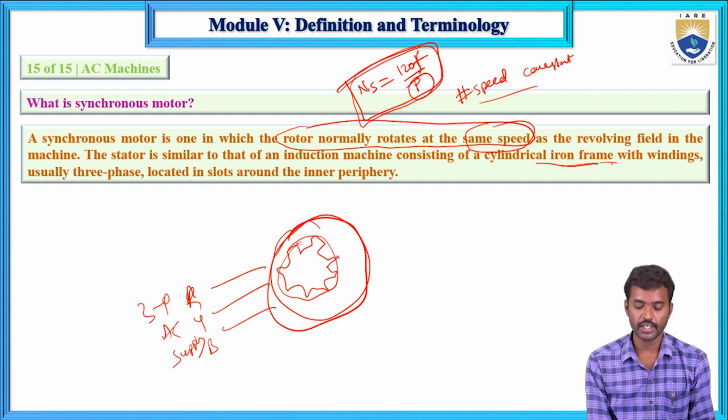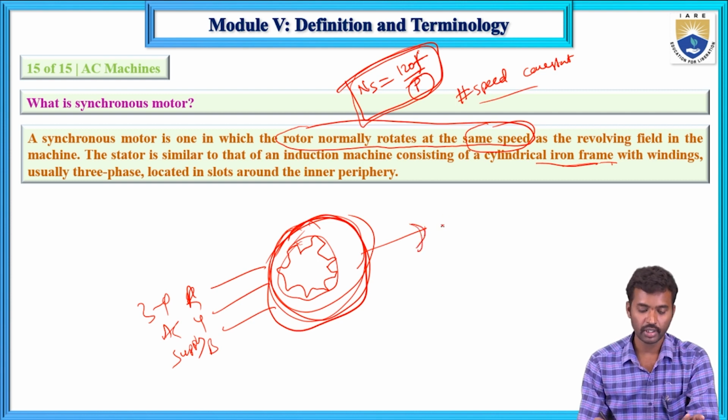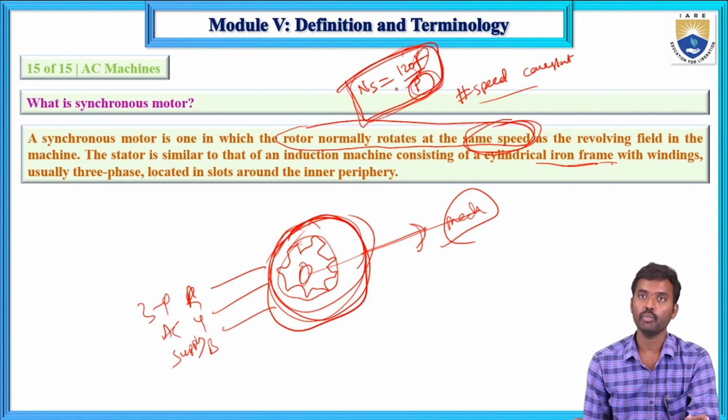If you give three-phase AC supply, R, Y, B, to this machine, a rotating magnetic field is developed, and with the induced EMF, mechanical energy will be developed. The rotor rotates at the same speed, which depends upon the frequency and number of poles.